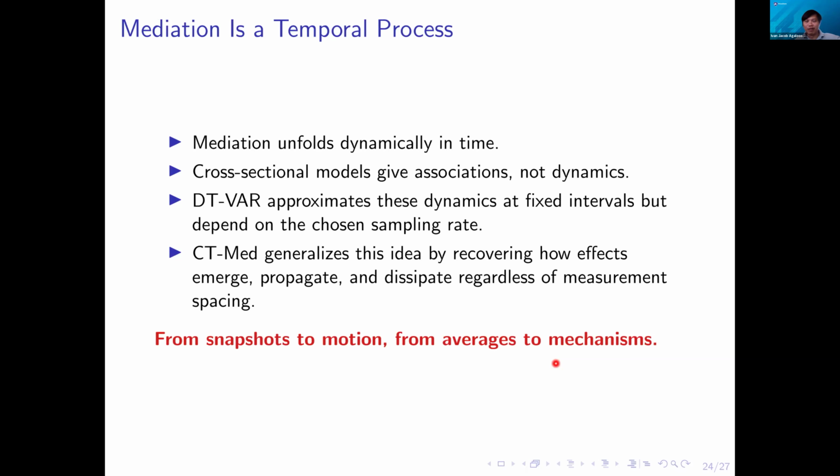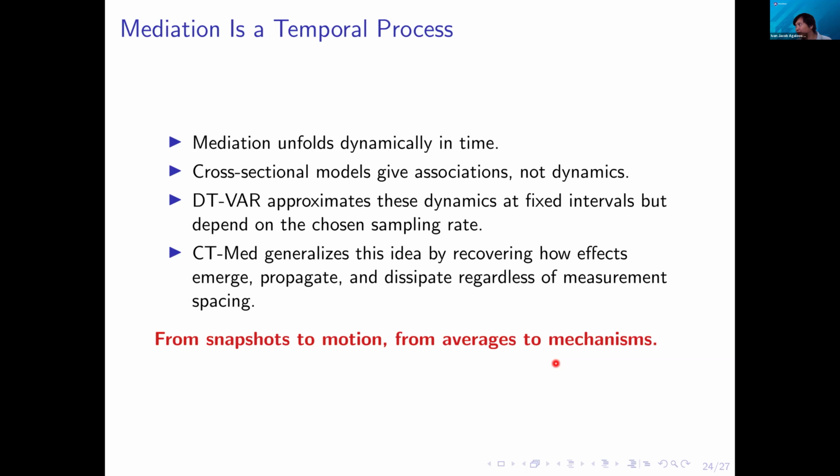For me, it's like you have water that flows, and water needs time to flow. So the continuous time mediation perspective gives mediation back that idea of how to think about these things from a dynamic perspective. Cross-sectional gives us associations, not dynamics.